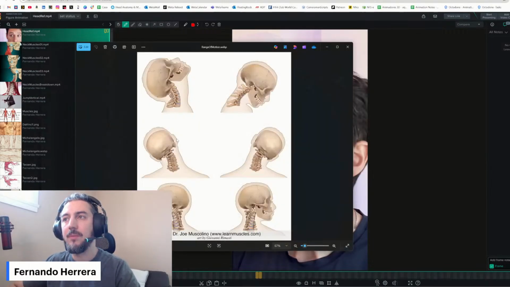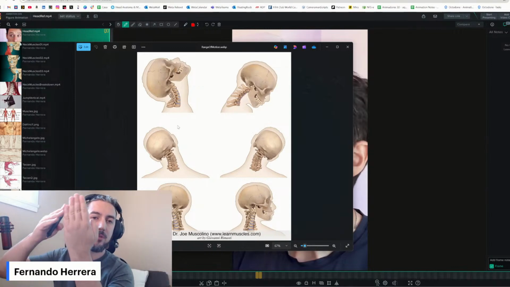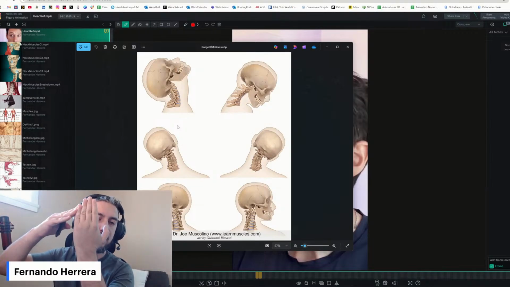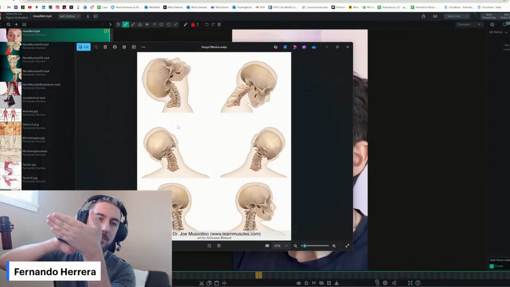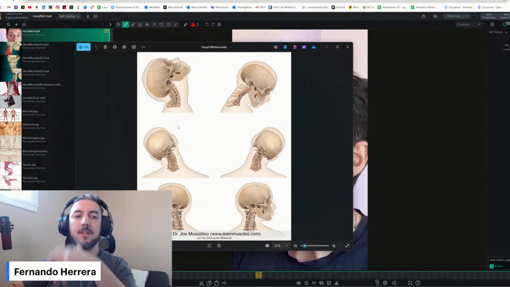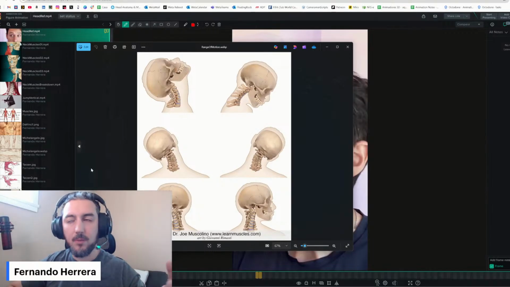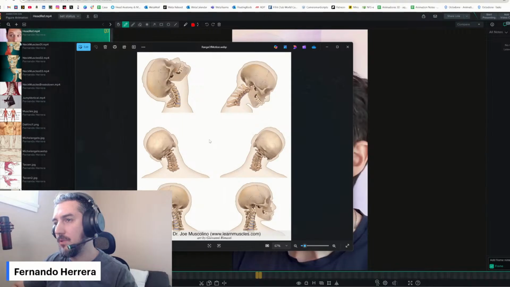But whenever you're animating something with the head or with an arm, with a hand, my hand, I know it's not going to go past this angle. For example, I know the biggest angle that I can reach with this is like this. So posing it in a way that respects the range of motion is going to be the best way to do it. So this is important as well.